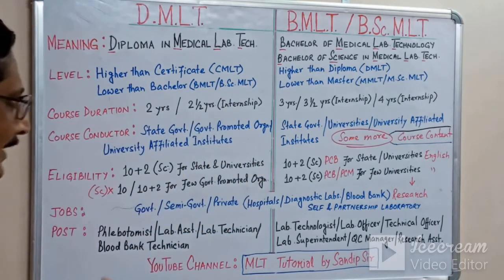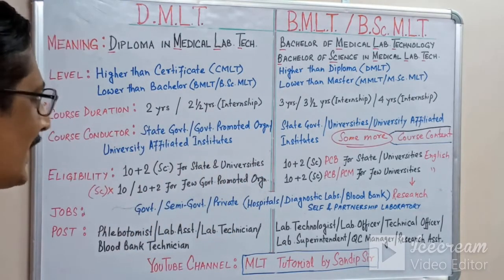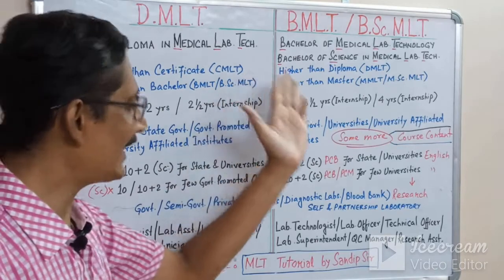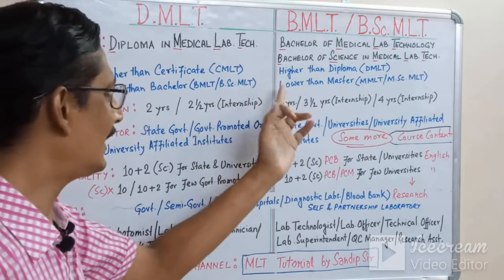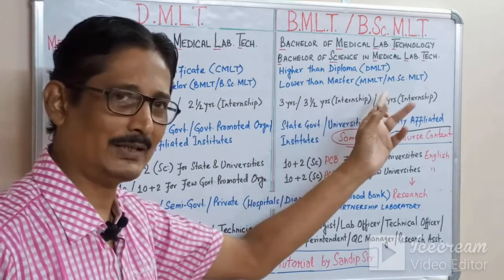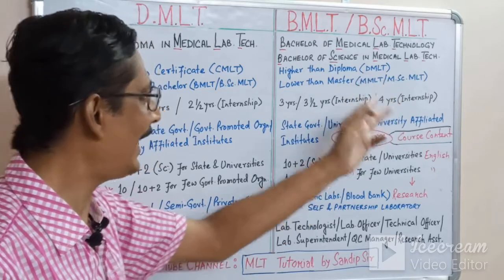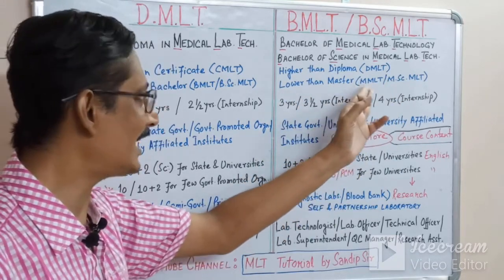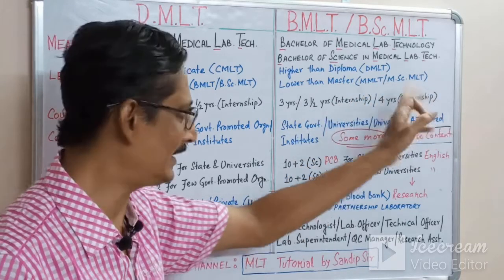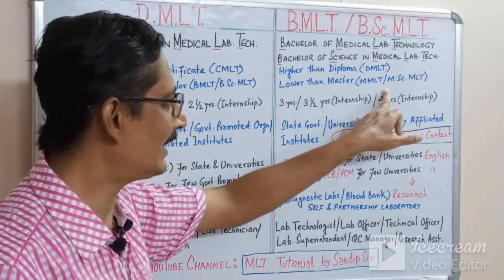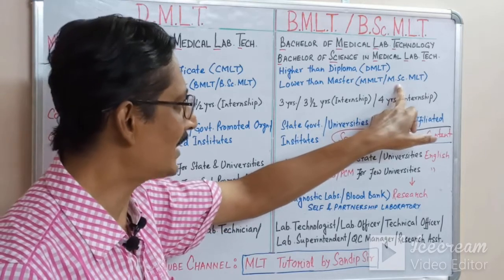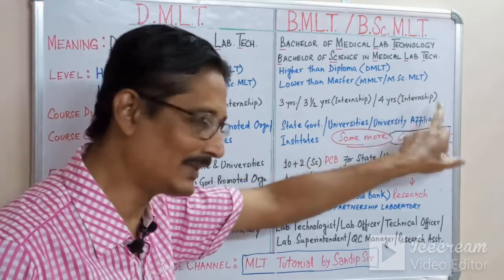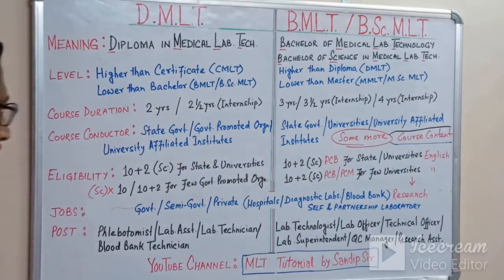Whereas the bachelor degree is certainly higher than the diploma, and obviously lower than the master's degree, that is MMLT or MSc MLT, Master of Medical Laboratory Technology and Master of Science in Medical Laboratory Technology.